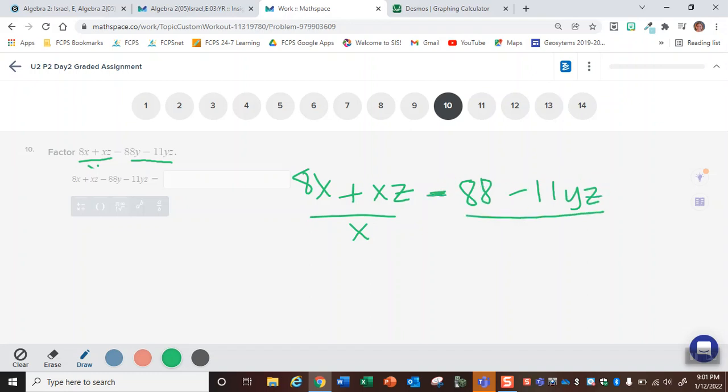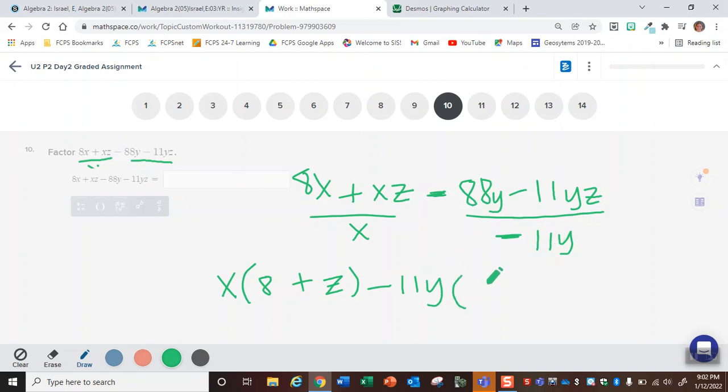Again, this is negative, so I'm going to put a negative here. And then GCD, that would be 11. Oh, actually, it was 88y, so they both have a y. They have 11 in common and also a y. So this is my GCD. That comes out front. 8 plus z, because the x's divided out. And then I've got my minus 11y.